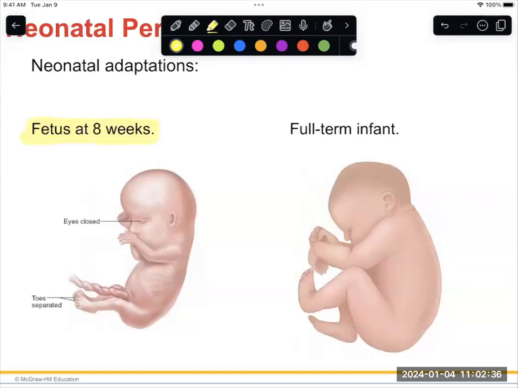That neonatal period technically is from birth to 4 weeks of age. So at birth, the neonate must make many adaptations to life outside of the uterus. Pediatrics is the treatment of children from birth to 18.